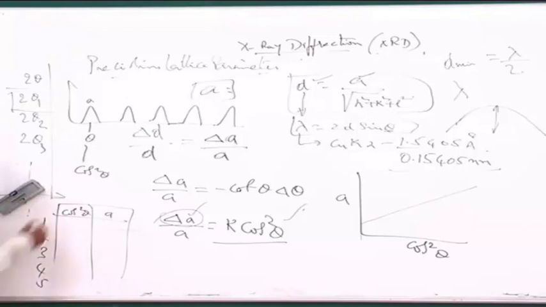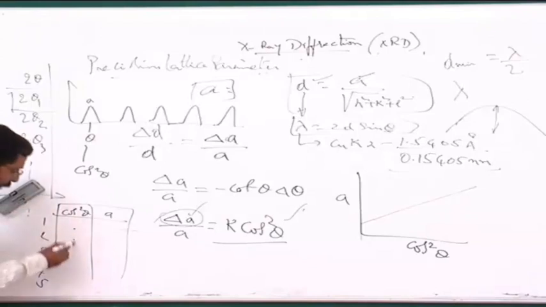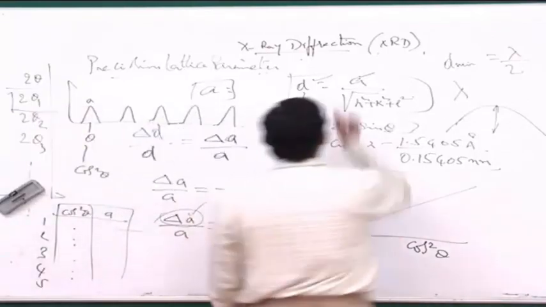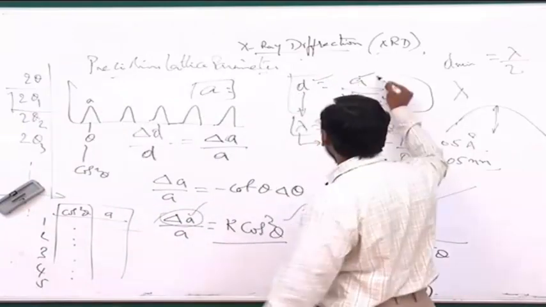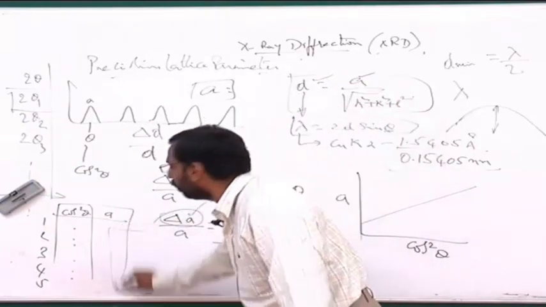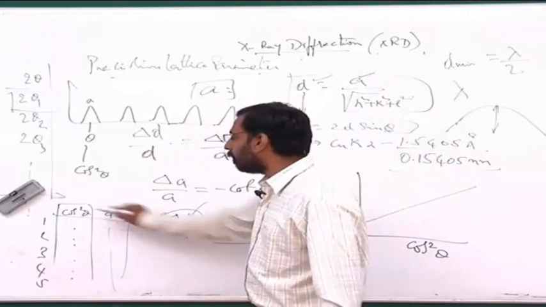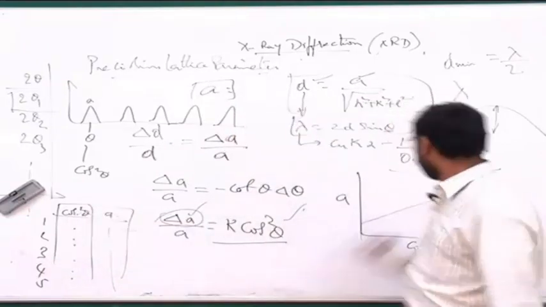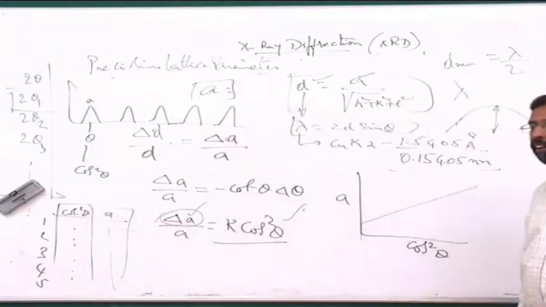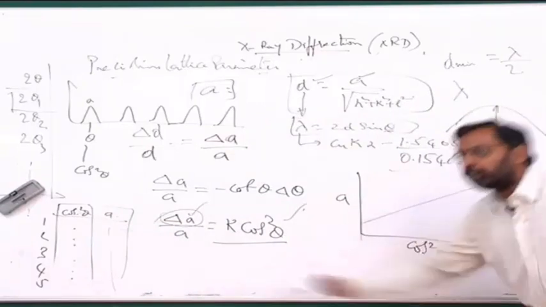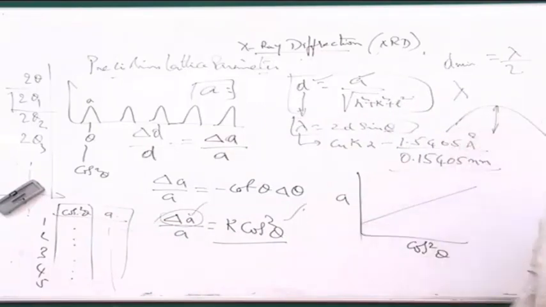For each peak, I first find out the theta. From that, I can find out the cos square theta, and I find out all this. Similarly, I use Bragg's law and this relation. From that, find out the A. So I simply plot A versus cos square theta, and I get a relation like this, and extrapolate that to where the cos square theta goes to 0.